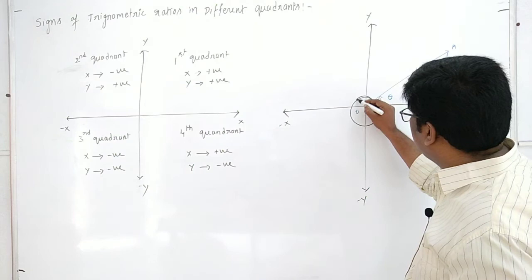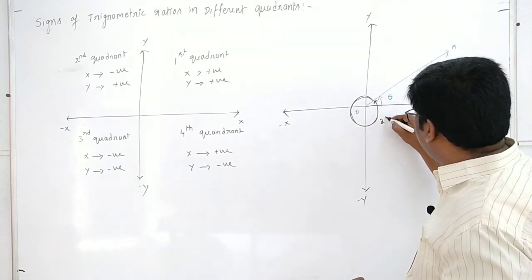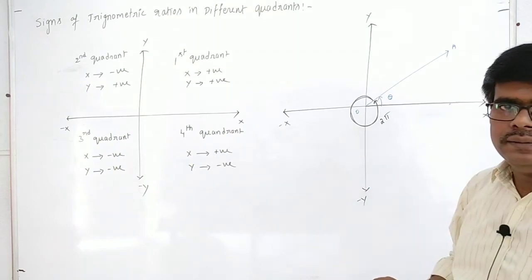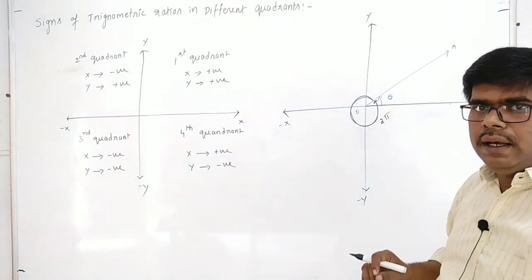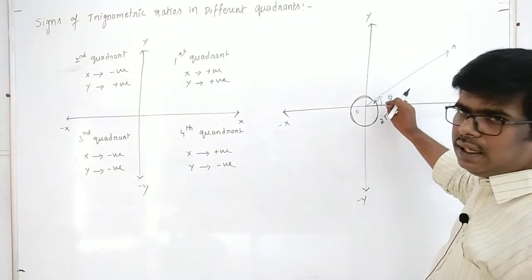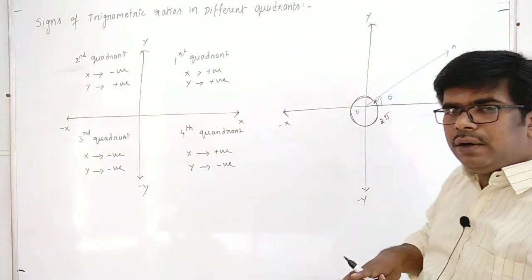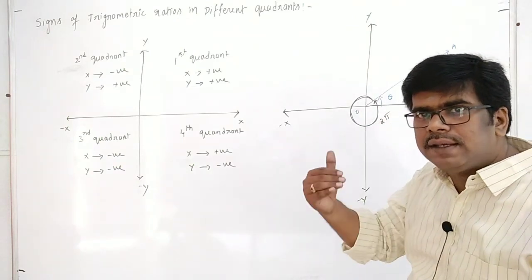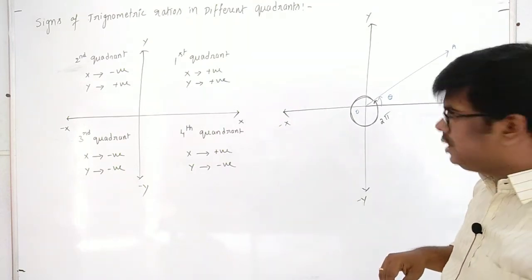A complete rotation means 2 pi. So 2 pi means again it is coming to the same position. Once a complete rotation is done, it comes back to the position where it initially started.